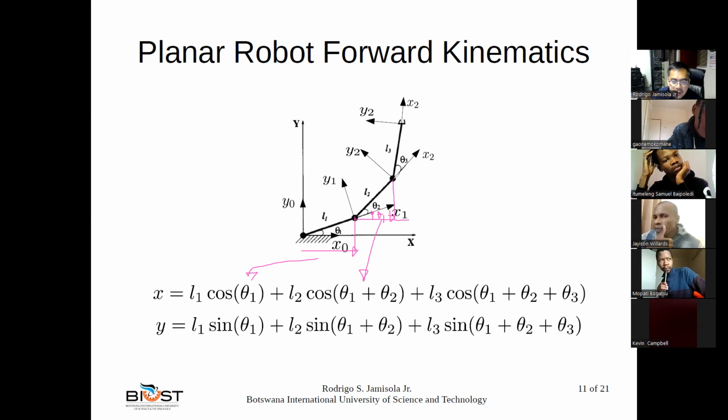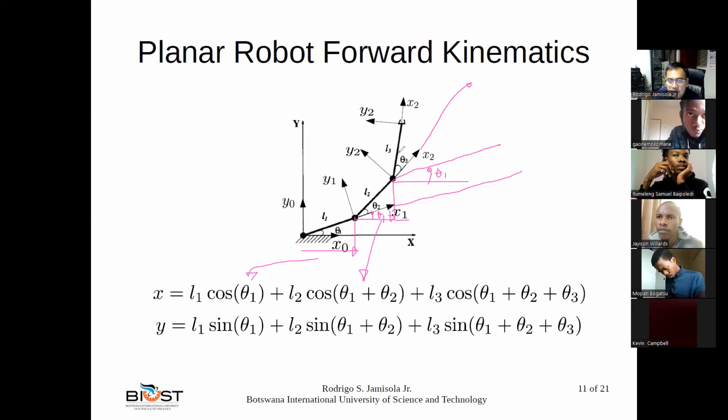Be careful, that's theta 2, which is parallel to this, and then the horizontal line like that. So this is theta 1, and that is theta 2. That's theta 1, theta 2, and theta 3. So now you have three angles added together.